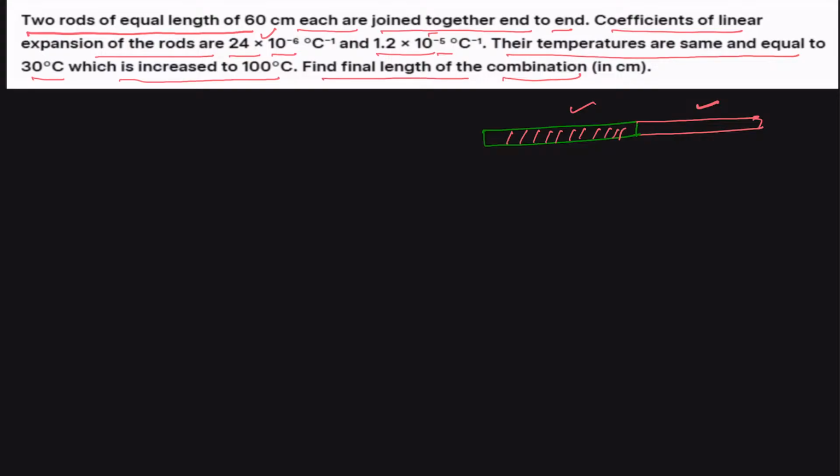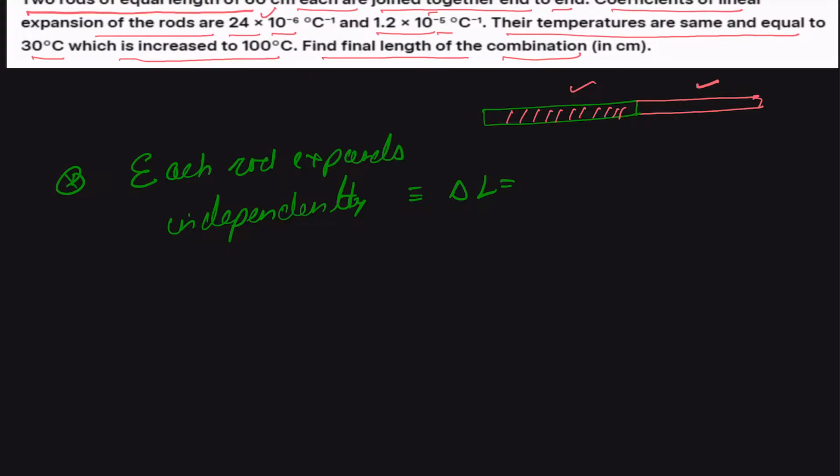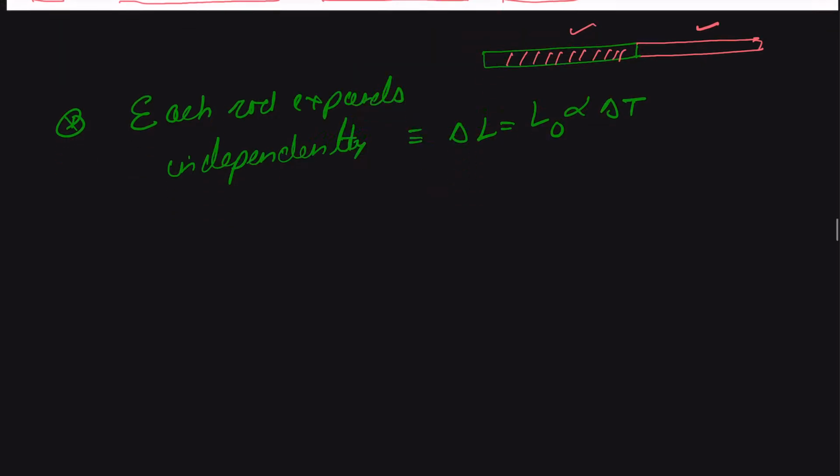The expansion is not dependent upon each other. And that is given as expansion ΔL is equal to L naught, the initial original length, times the coefficient, times the change in temperature. So let's find out.